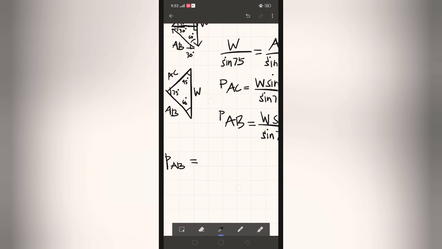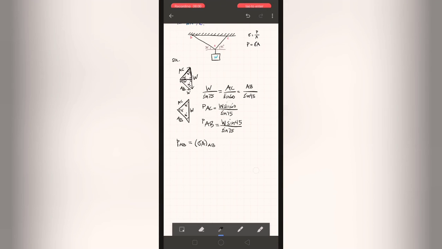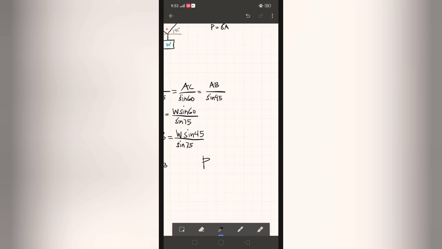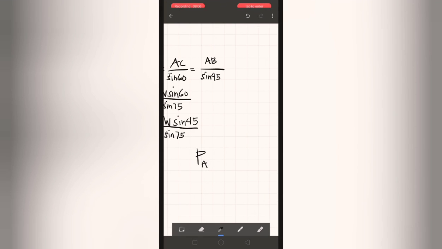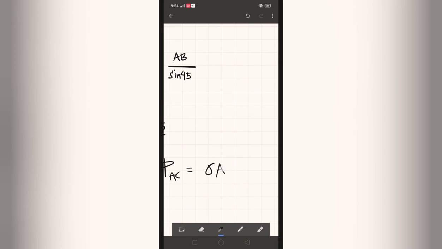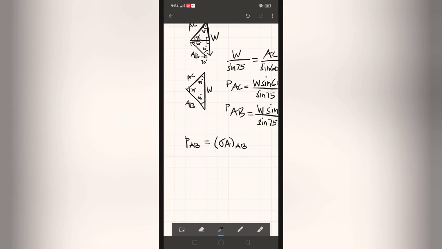Stress times area, for AB, and for AC, just like that.